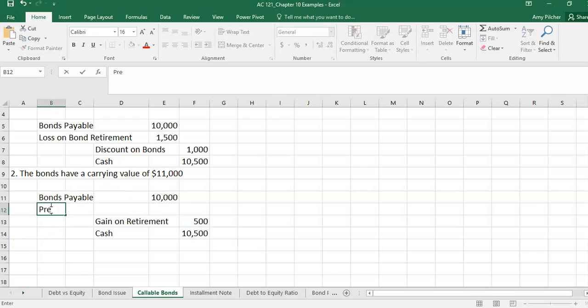We have a premium of $1,000. So those are the journal entries to retire bonds early or call them back early when we have a call premium payment, and we have either a discount or a premium on the bond.